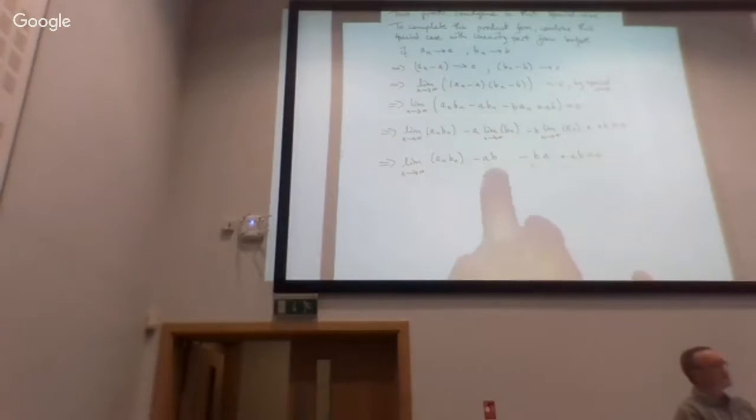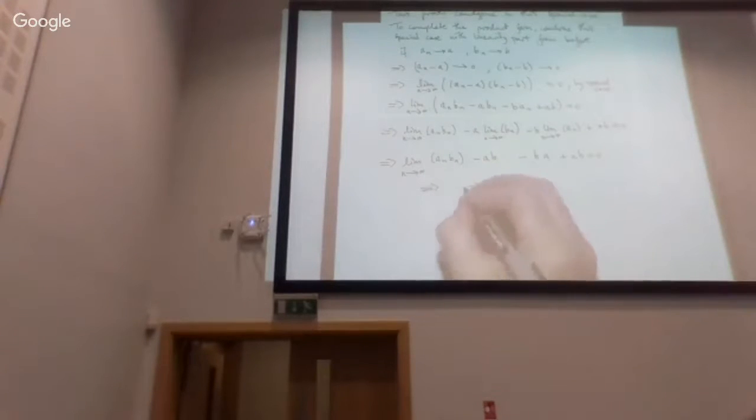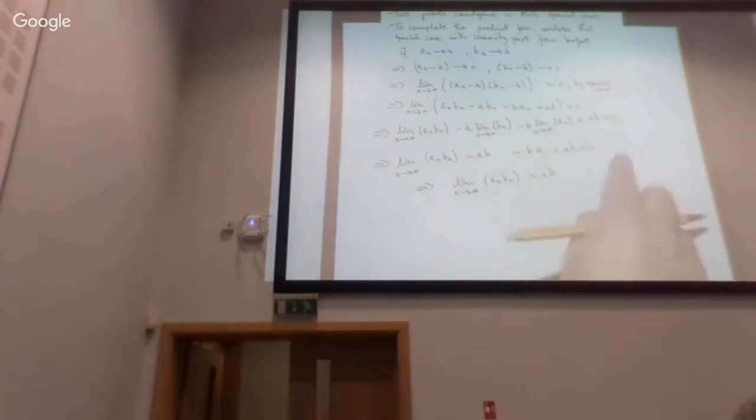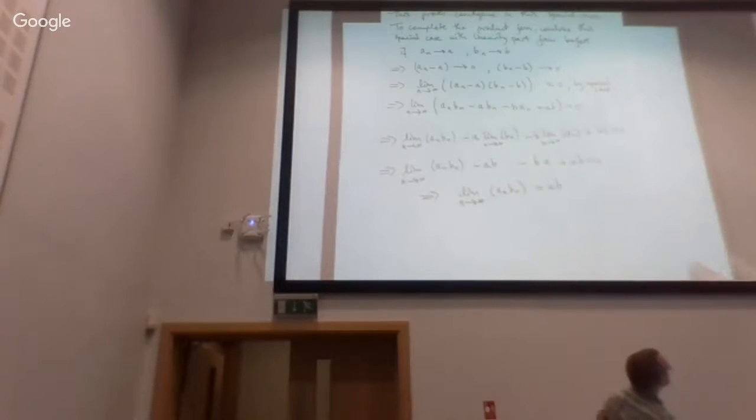And I've got the limit of an bn minus ab left. I can now shoot that across to the other side. So that implies that the limit, as n goes to infinity, of an bn is equal to ab. So I cancel these two and bring that over the other side. So then suddenly I've got the general form of the product.